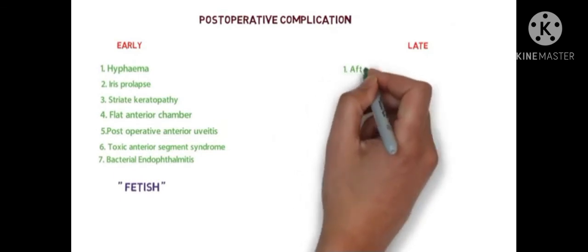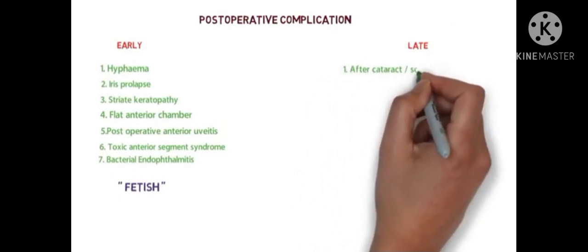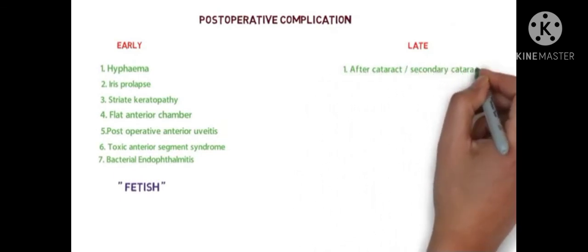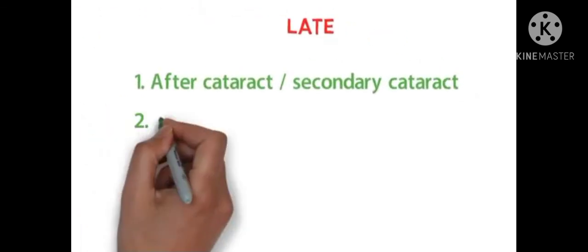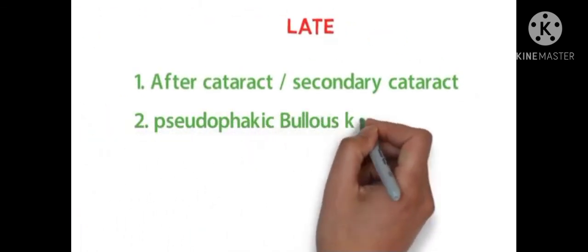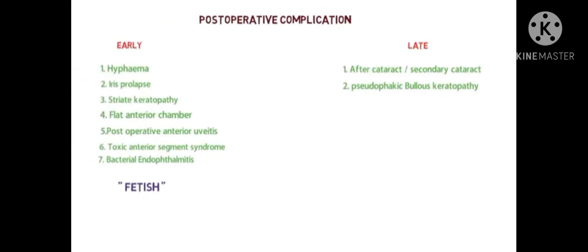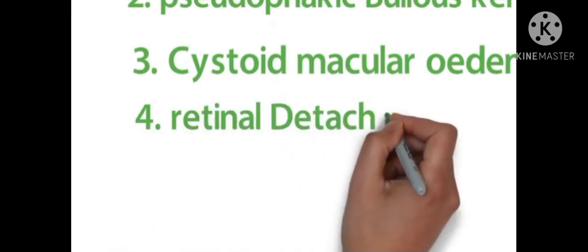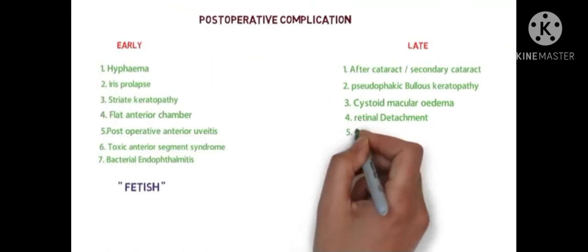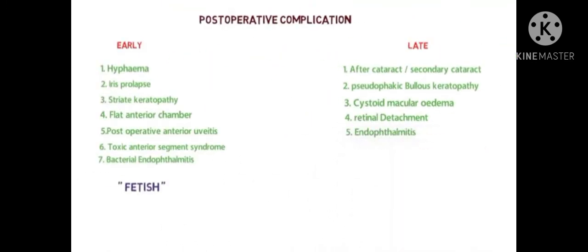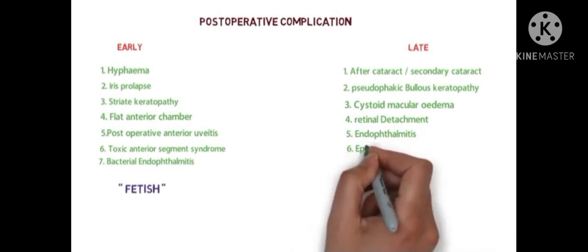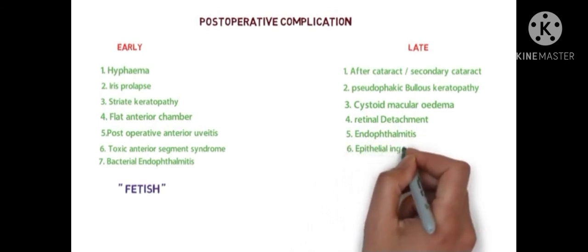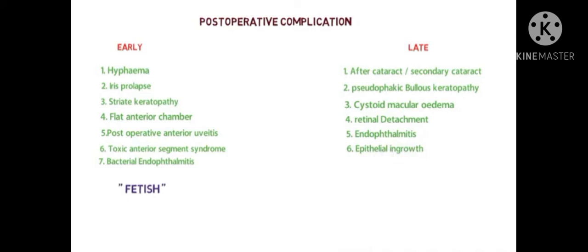In late complications, there may be after cataract, which we can also call secondary cataract. There may be pseudophakic bullous keratopathy, cystoid macular edema, retinal detachment, endophthalmitis or epithelial ingrowth, and at last fibrous downgrowth.